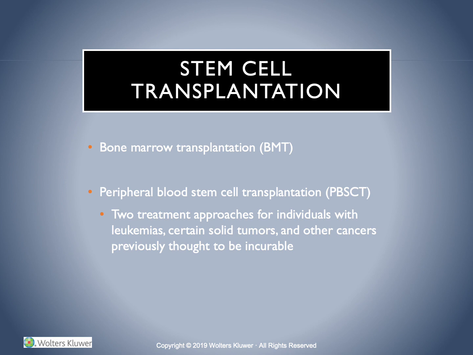Stem cell transplantation, also known as hematopoietic stem cell transplantation or bone marrow transplantation, is a medical procedure used to treat certain types of cancers. It involves the transplantation of healthy stem cells into a patient to replace damaged or diseased cells. There are several types of stem cell transplantations.